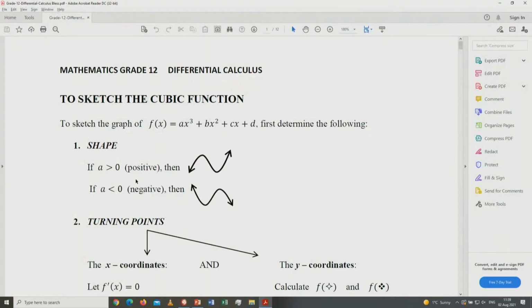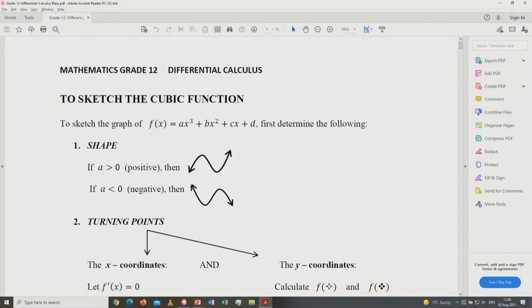Now, the same applies, learners, with the cubic function. If the value of a is greater than 0, meaning positive, this is the shape that we are going to get. It begins by increasing, decreasing, and increasing. If the value of a is less than 0, meaning negative, this is the shape that we are going to have.